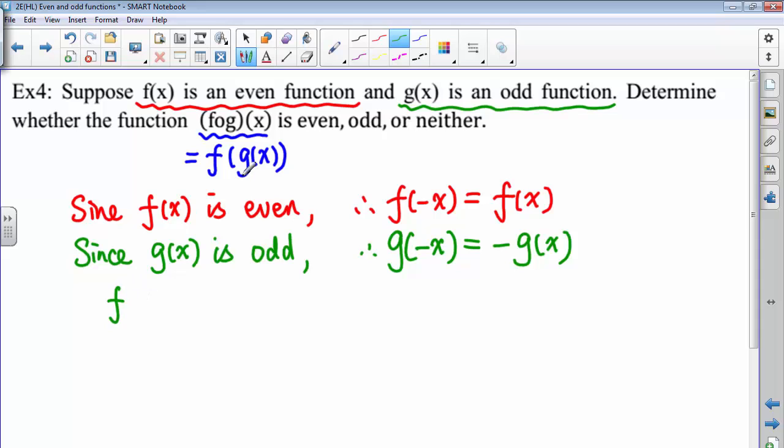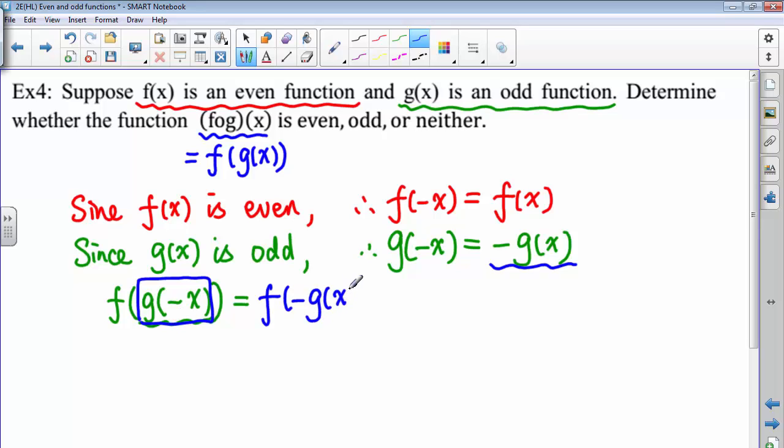My new composite function, f of g of x, okay, I need to plug negative x in for x. This one, in the first pair of brackets, you will see, okay, this is g of negative x. g of negative x is negative g of x. So I will replace this one with negative g of x.